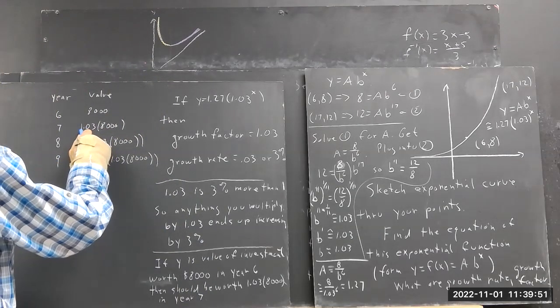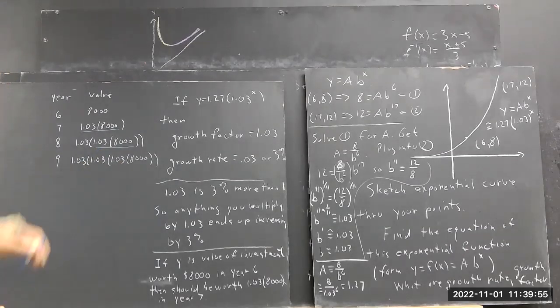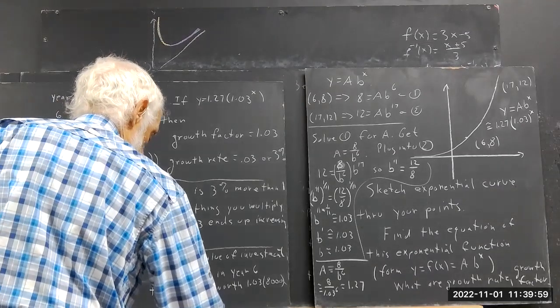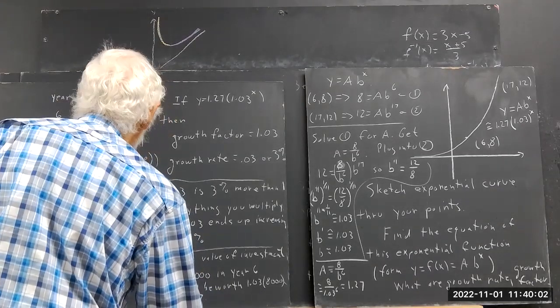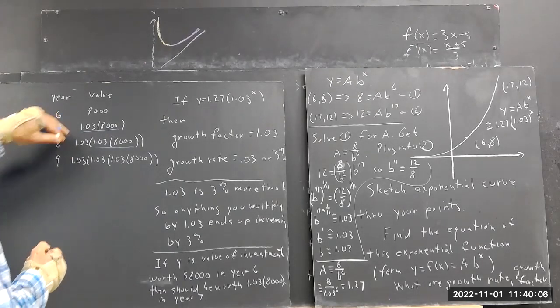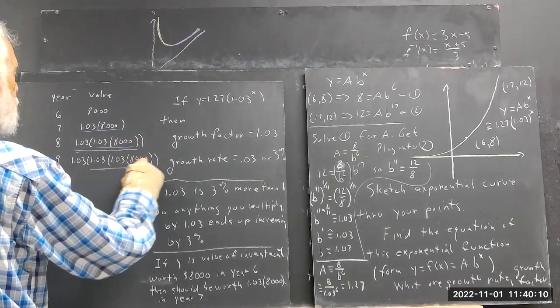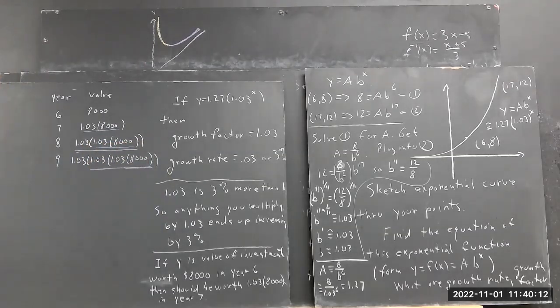So here we've got 1.03 times 8,000. Here's our 1.03 times 8,000. We multiply that by 1.03. Then in year 9, we multiply 1.03 times this. So let's say this is what I've underlined in purple. Here it is. So every year we multiply by 1.03.